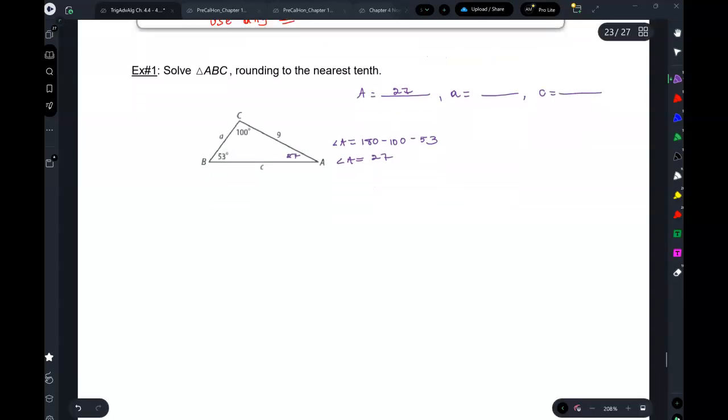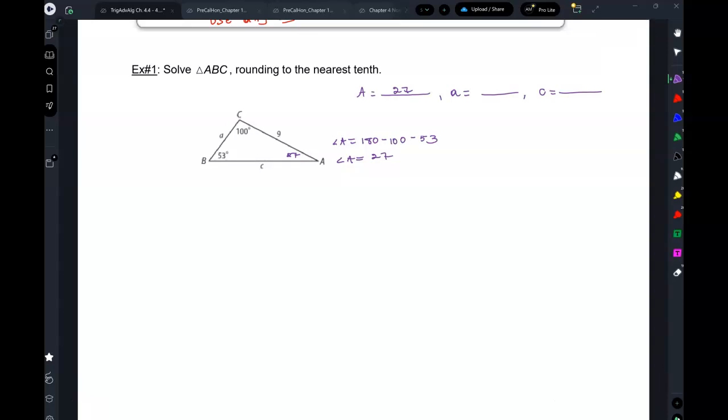Now I need to find side a. I'm going to start with the pair that is given to me, which is B. I start with sine of B over b, and I need to connect that to the A's, sine of A over a.